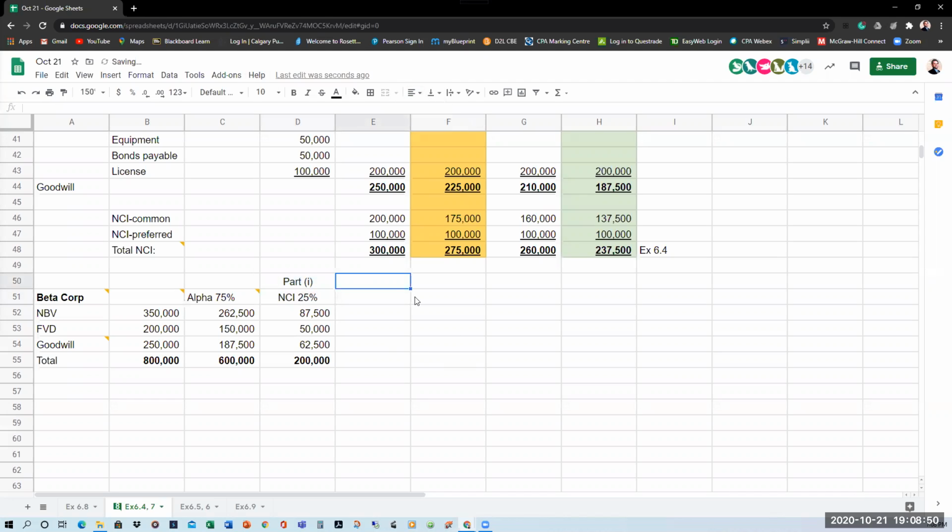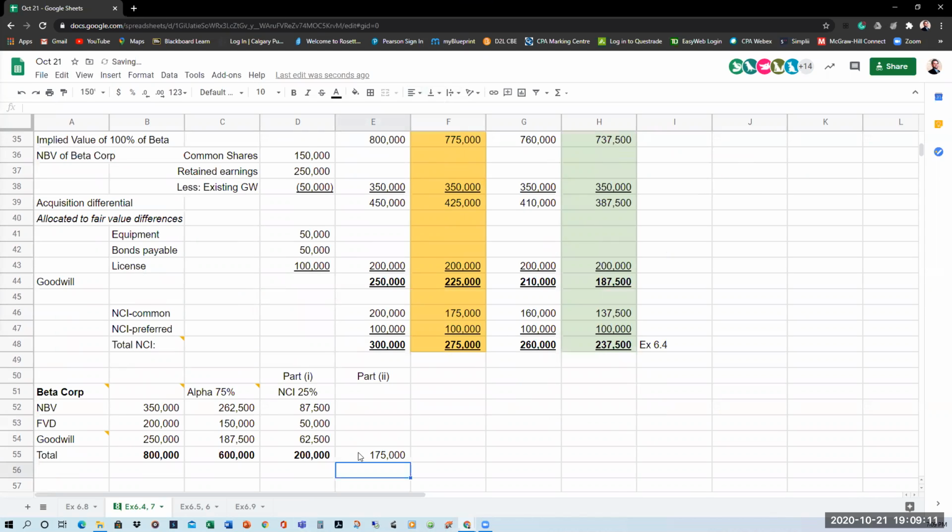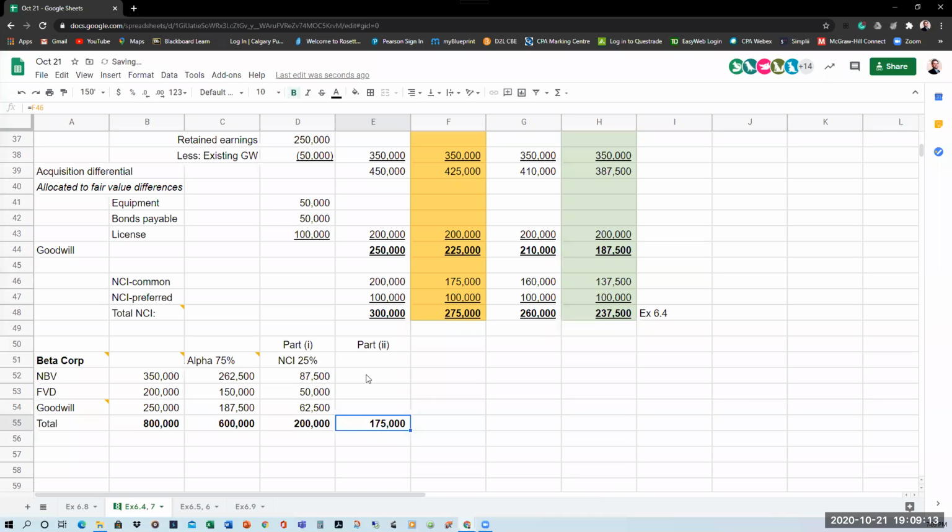If you want to do the same thing for part two, you'll say, okay, I'm going to start with the total NCI here. By the way, this is only the NCI common. So in part two, NCI common was 175,000. Now that 175,000 is made up of 25% of 350,000, which is most reliable. We give them 87,500.